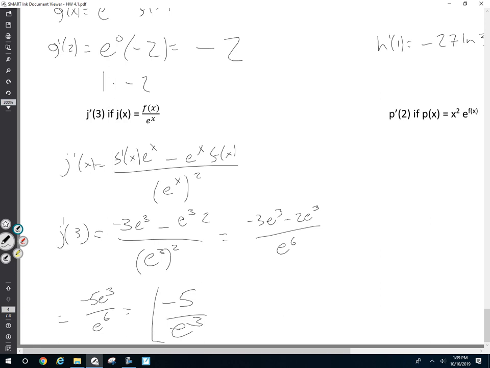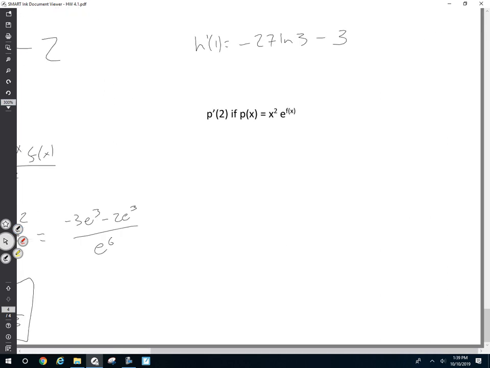I'd expect you to be able to get that. Sweet. Last one. Product rule, chain rule. Derivative of the first times the second, plus derivative of the second: we got e to the power times the derivative of the power, derivative of the outside times the derivative of the inside, times x squared.